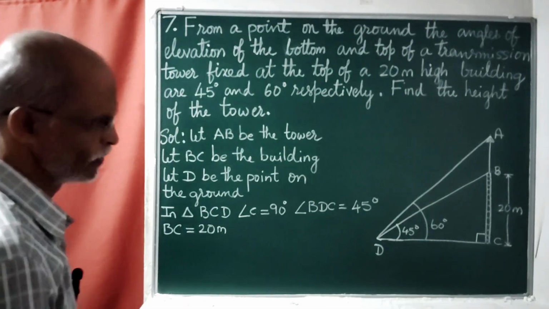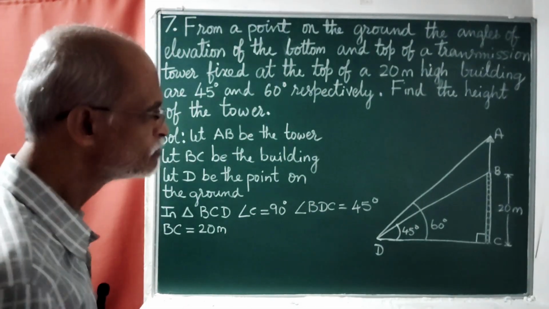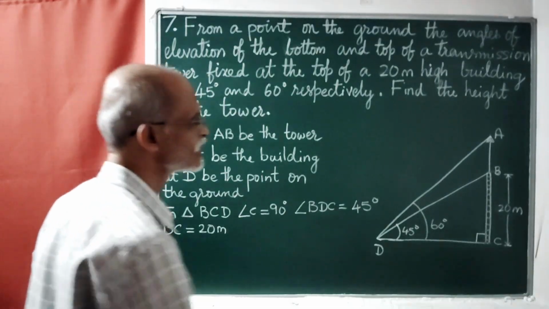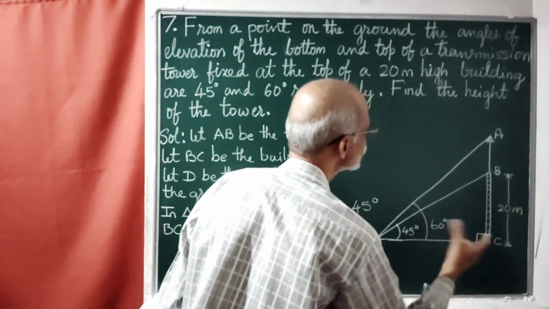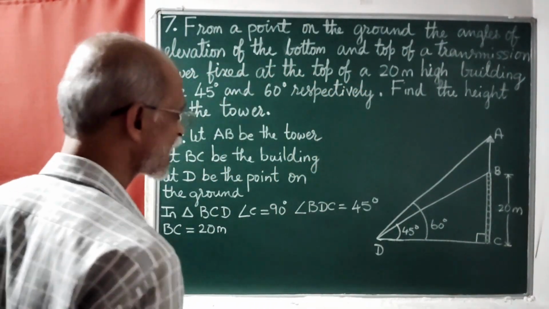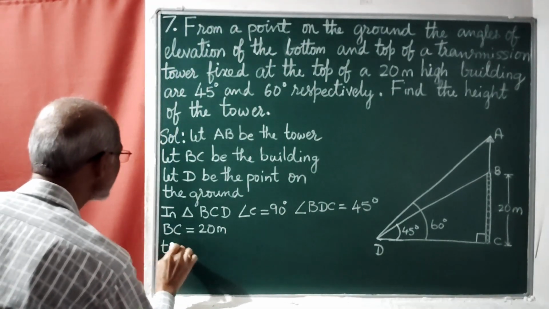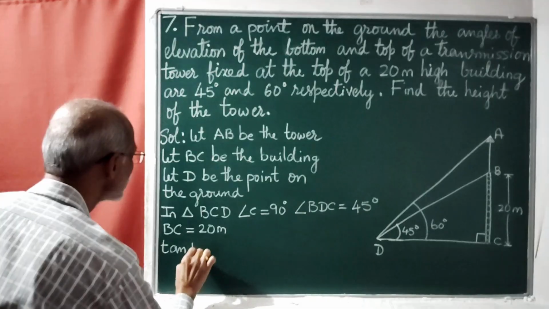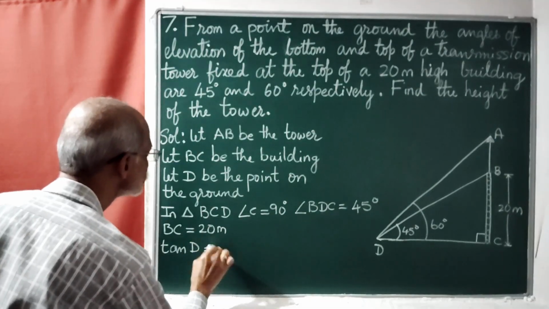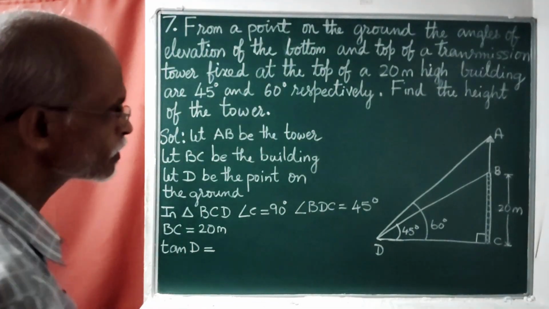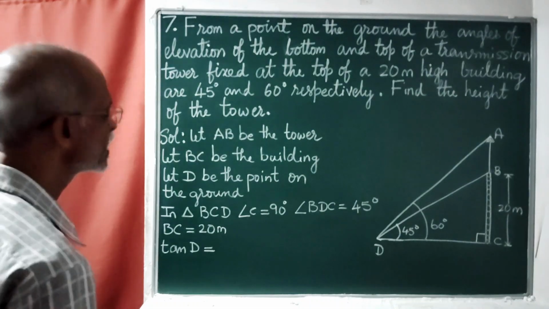Now we will use the ratio tan, because tan will link BC and CD. So tan D is equal to BC by CD.